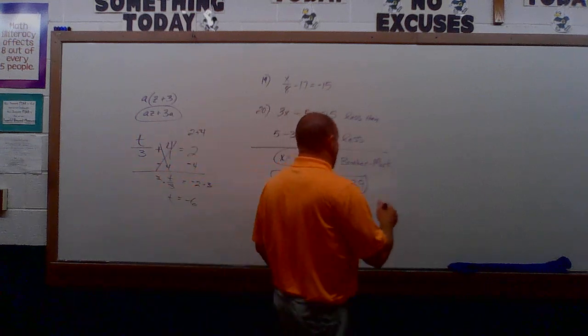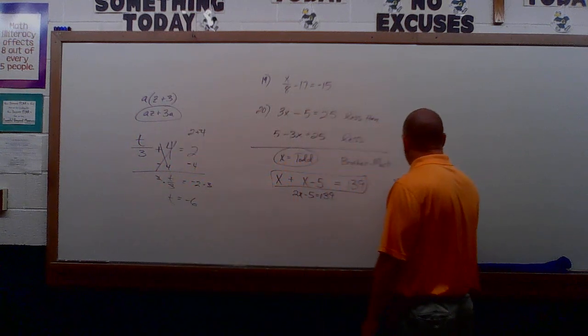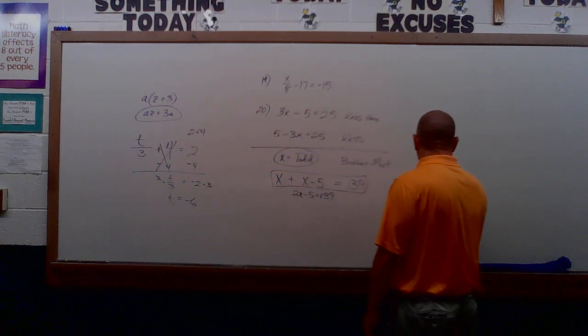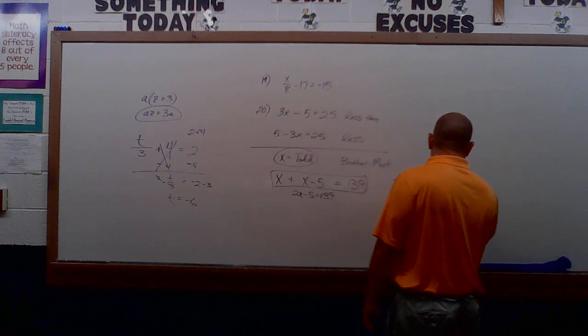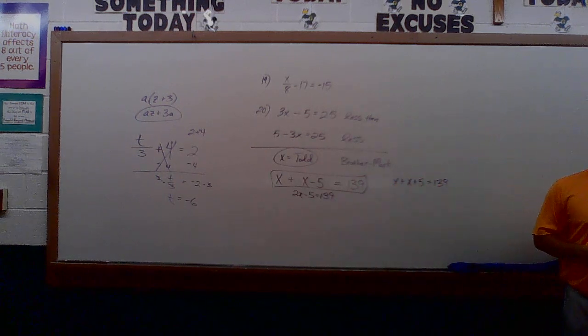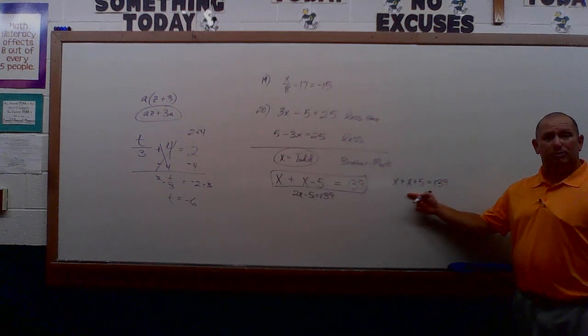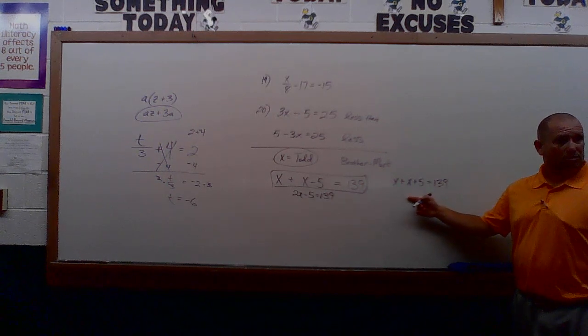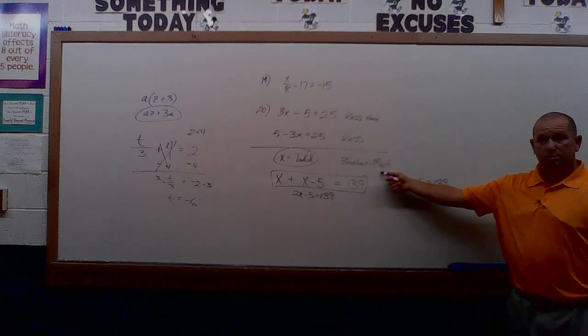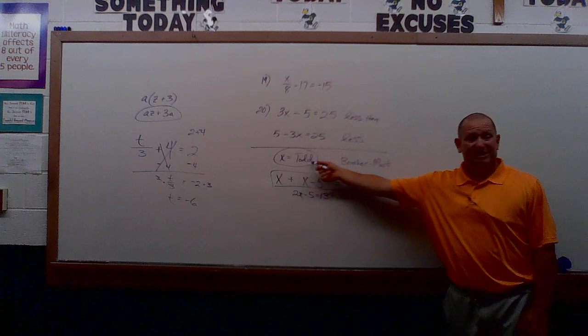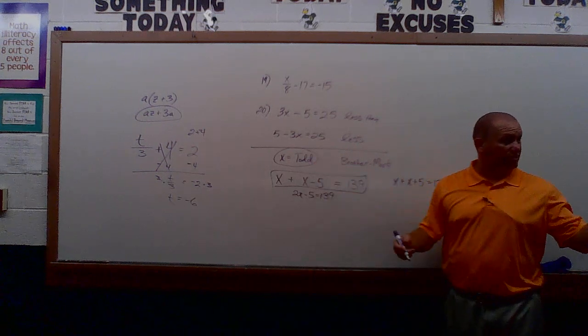Now, realize I could have written the exact same problem as that right there. Because now this represents x as being who? The brother, Mark, because x plus 5 would be Todd, since he's 5 taller than him.